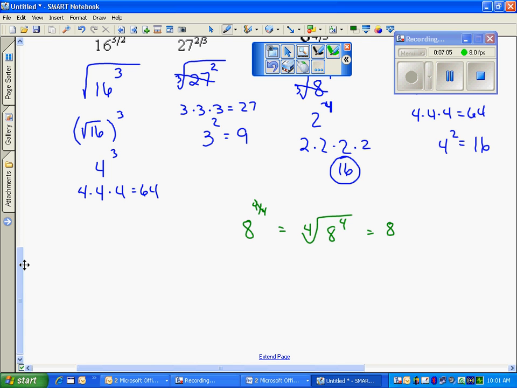Let's try one here. 8 to the 3/3. So that's saying cube 8 and also take the cube root of 8. So let's take the cube root of 8 because I know that's 2. 2 cubed is 8. So if you have a fraction in the exponent, it just works like your regular fractional operations. You can reduce that fraction if you want to make the problem a lot easier.